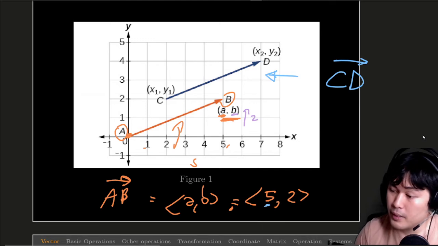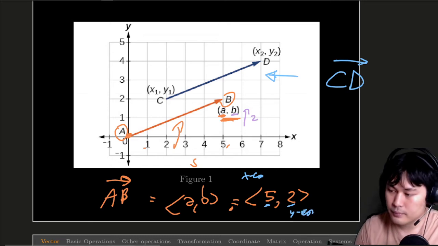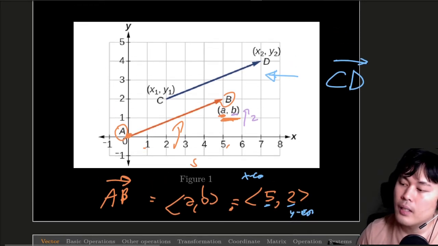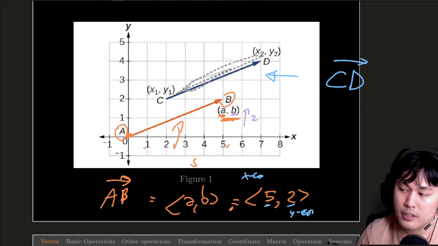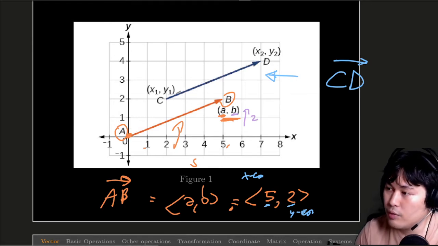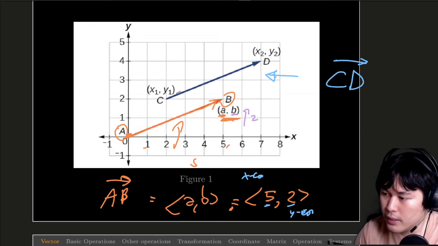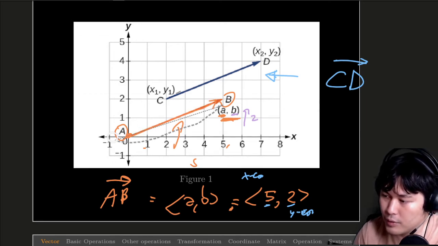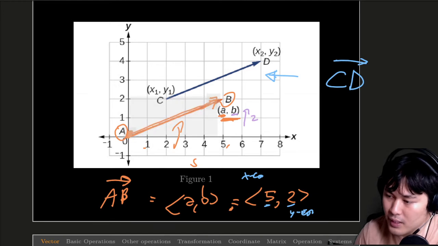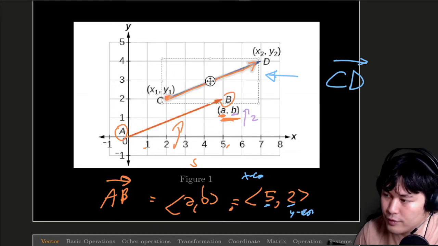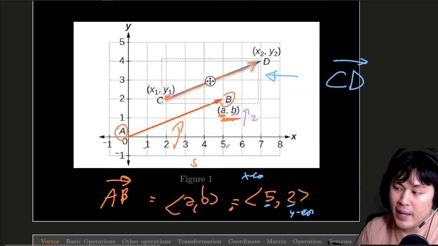So that's the x coordinate. This is the y coordinate. And one thing you can notice is this orange vector happens to be the same as the blue vector. If you draw a vector there, and then you copy it and move it there, you can see they match.